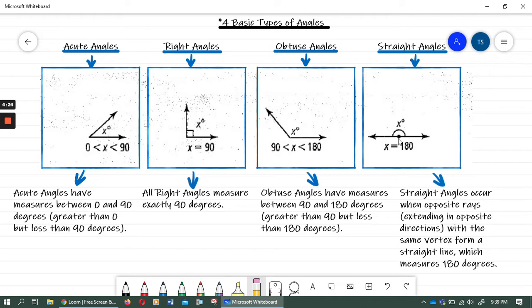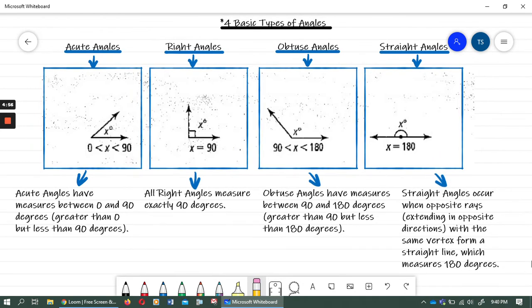Here you can see opposite rays forming a straight line, and a straight line always measures 180 degrees. So these are the four basic types of angles.